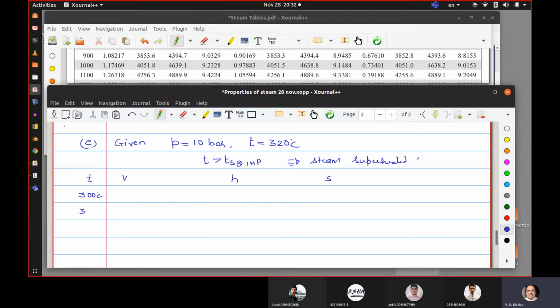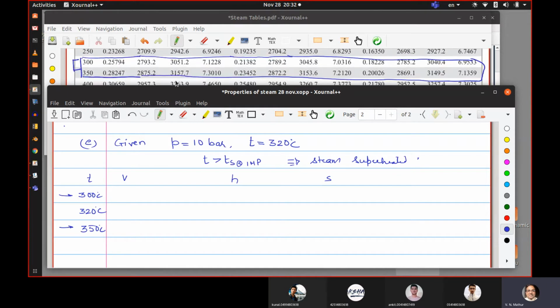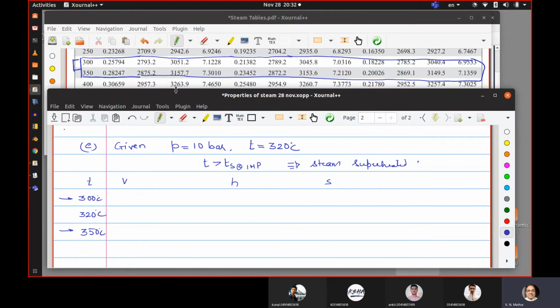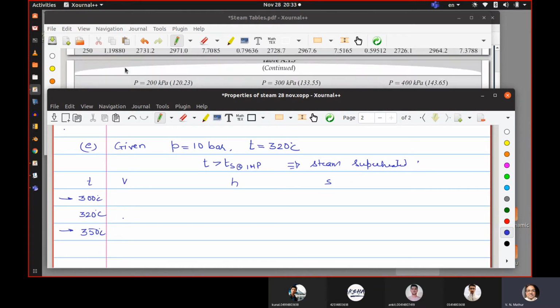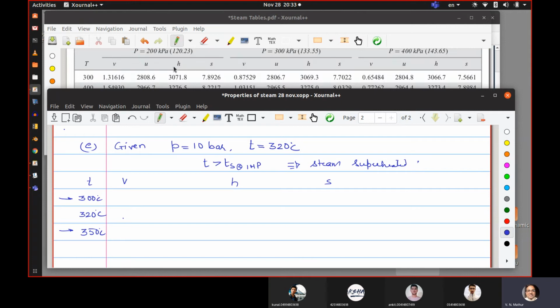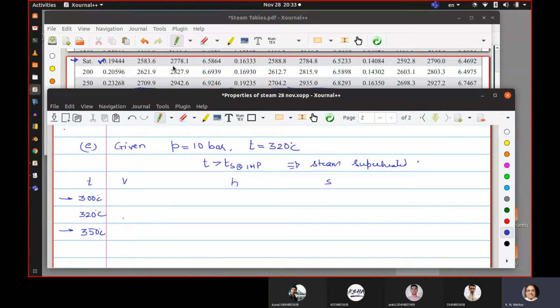Sorry, 350. So 320 is required and 350 is known. So we know values corresponding to this temperature and this temperature. And we have to find values corresponding to a temperature midway between these two. So volume is, I think the first column is volume, internal energy, enthalpy and entropy. Okay.